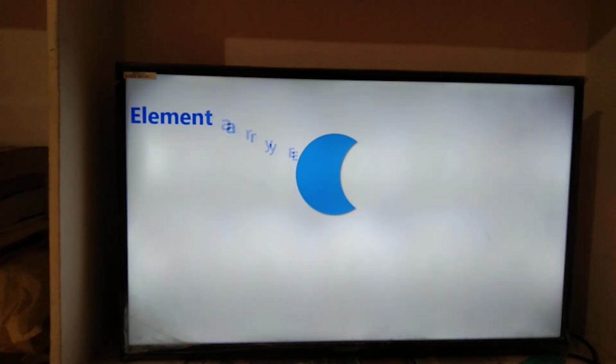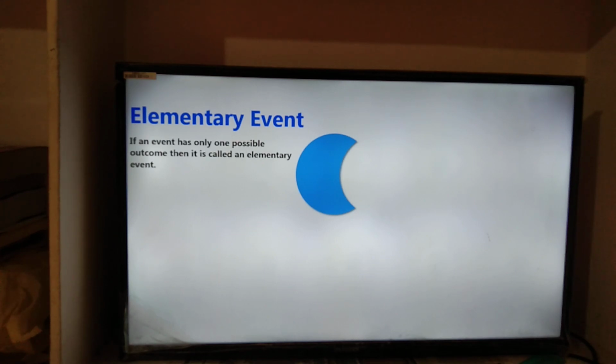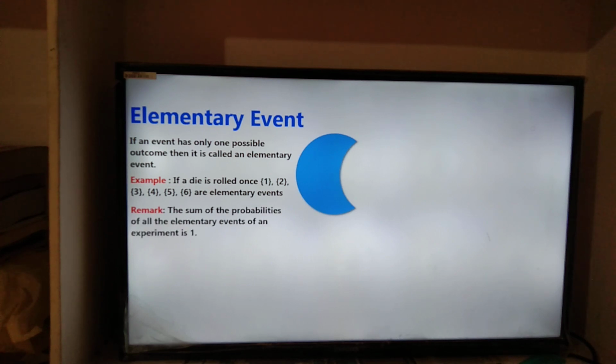Now, what do you mean by elementary event? If an event has only one possible outcome, then it is called an elementary event. If a die is rolled once, 1, 2, 3, 4, 5, 6 are elementary events. The sum of the probabilities of all the elementary events of an experiment is 1.